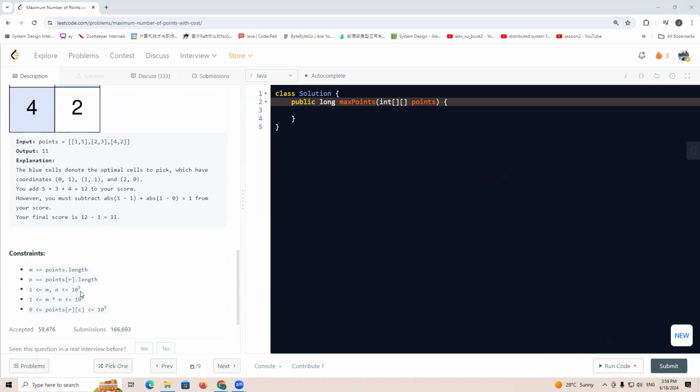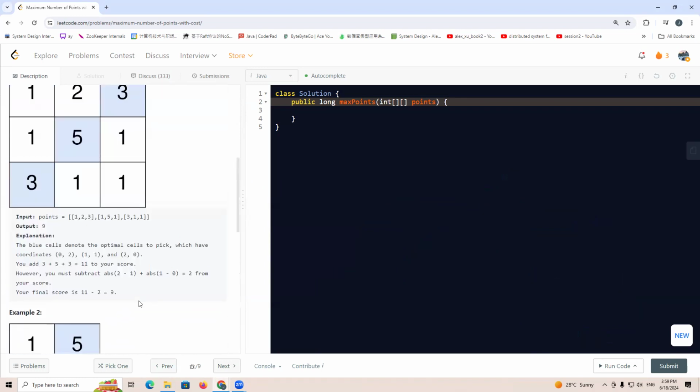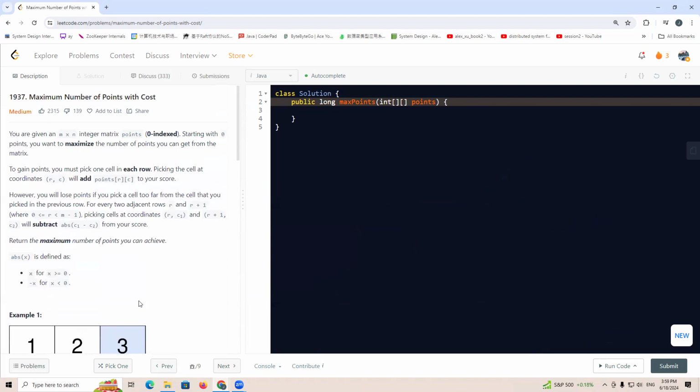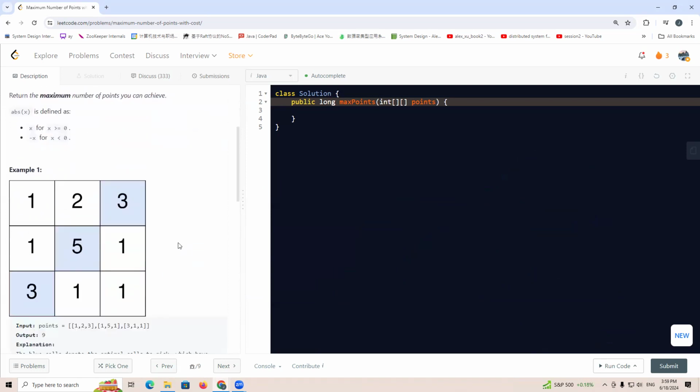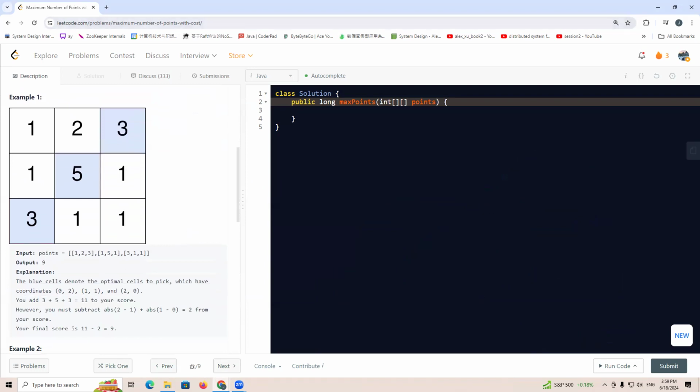We'll see that those numbers are always greater than or equal to 0, and m multiplied by n is at most 10 to the power 5. So we are thinking about whether we can solve this question in m multiplied by n time complexity. This is pretty much like a two-dimensional dp.